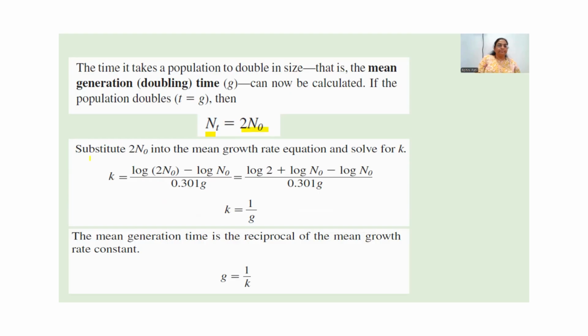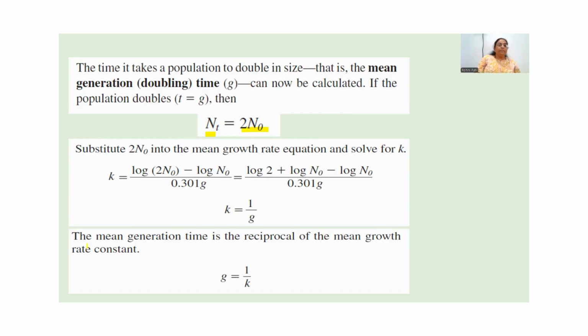So here, k is equal to (log of 2N0 minus log of N0) divided by 0.301 g. So this is equal to log of 2 plus log of N0 minus log of N0. The values cancel, and this 0.301 is the log of 2. That's why k is equal to 1 by g.